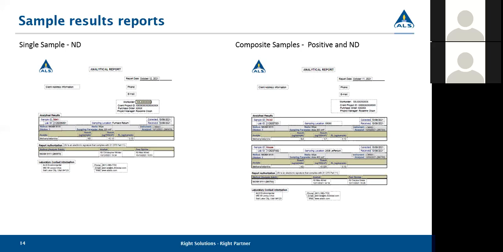That means you used the template one time, and so there is a 100 centimeter squared sample there that did come back with a non-detect. We'll go further into the rest of the report on the composite sample side so that you can fully understand that.